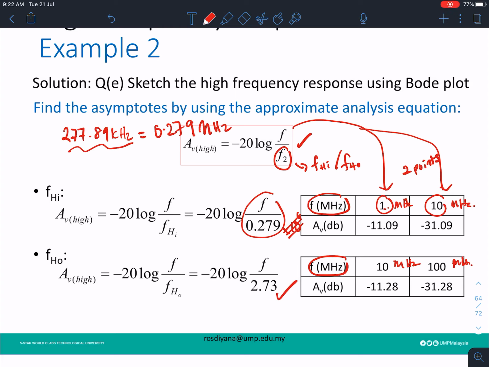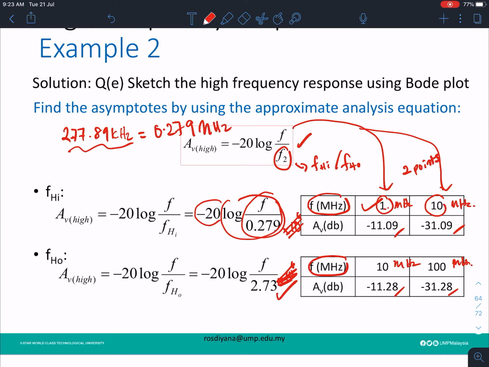For example, 1 divided by 0.279, then you log this value and multiply with negative 20. Same goes here, 2.73, not 2.73 times 10 power of 6. Just remove it, so it becomes 10 divided by 2.73. And you will get this answer.